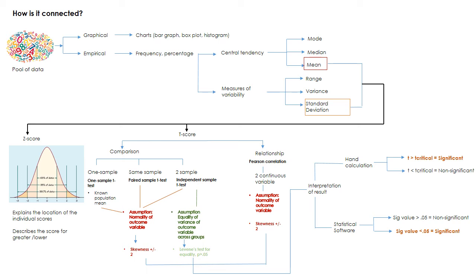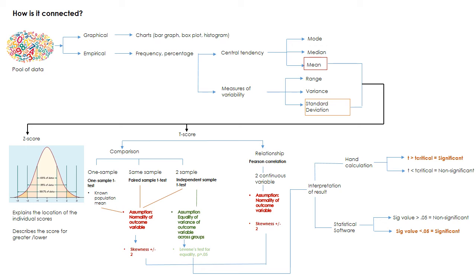Ideally, when you have the mean and standard deviation, we use the raw scores to transform to either z-scores or t-scores in order to answer our research question, which at the end of the day is to interpret the results. When it comes to interpreting the results for t-scores, there are two things: hand calculation and statistical software.